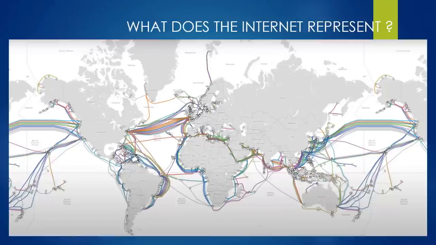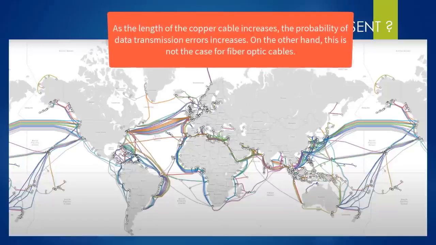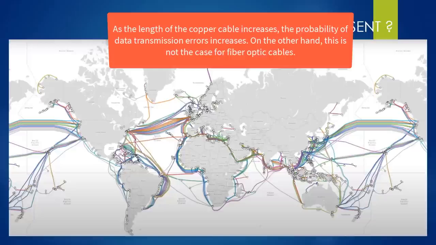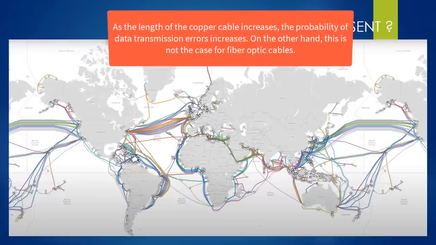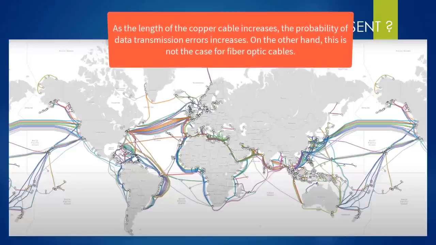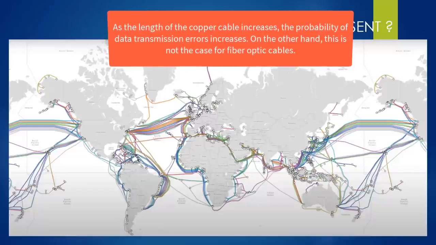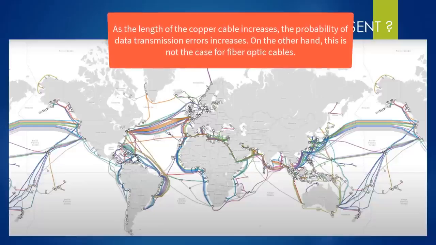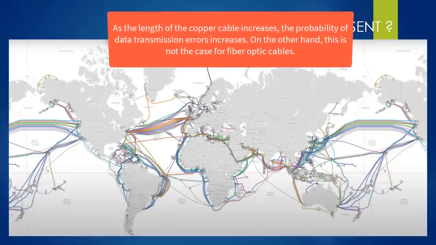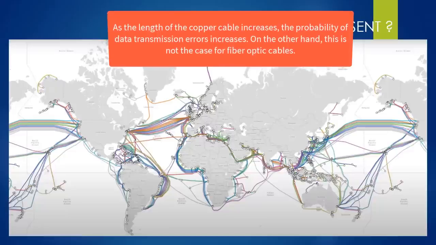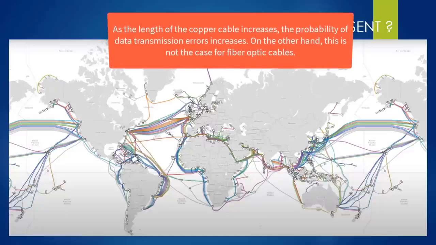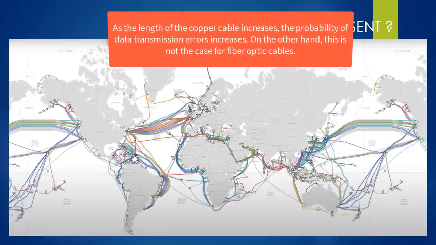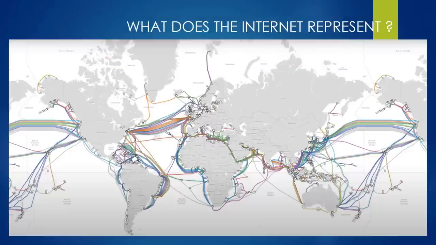And another reason why we don't use copper cables is that when the length of copper cables increases, the probability of errors in data transmission increases as well. On the other hand, even if fiber optic cables are very long, they transmit the data to its destination almost without error. And this is another reason why fiber optic cables are used over long distances.